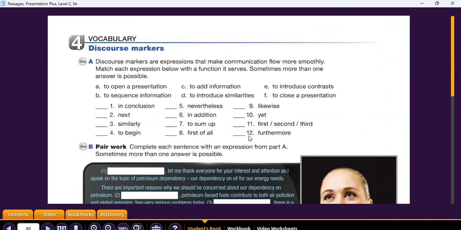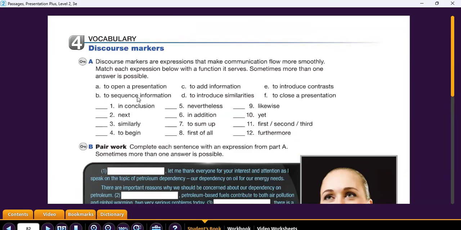We have 12, and you have to match each expression with the function it serves. Sometimes more than one answer is possible. The functions could be to open a presentation, to sequence information, to add information, to introduce similarities, to introduce contrasts, or to close a presentation.